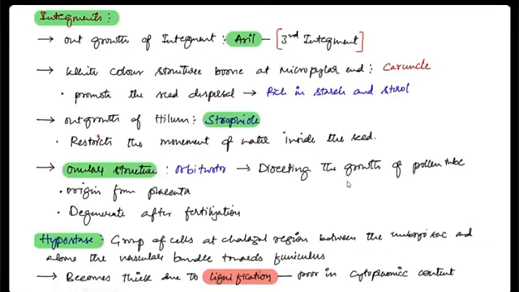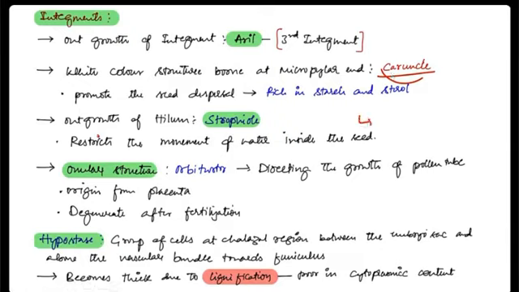Next, it's about integuments. There is a term called aril, which is just an outgrowth of the integument, and we have different types of structures related to integuments in different crops, which are crop specific. You just need to list them out and remember them.